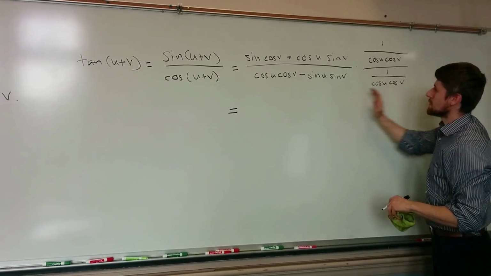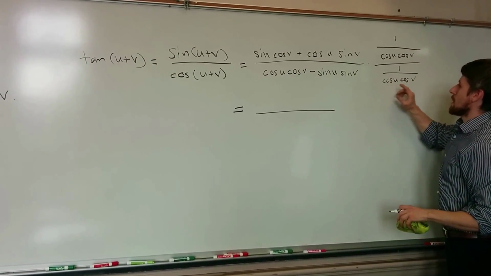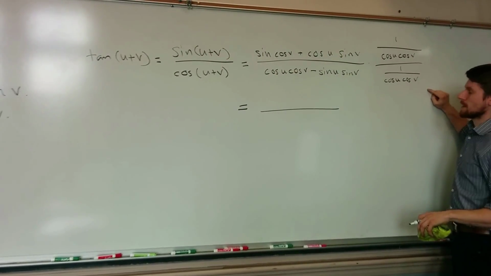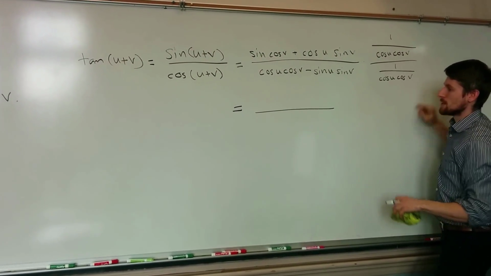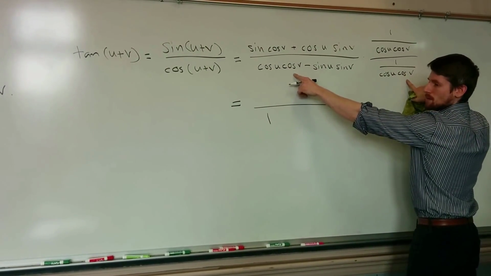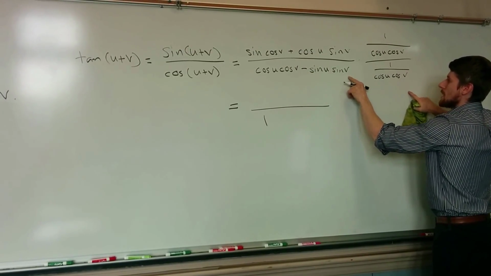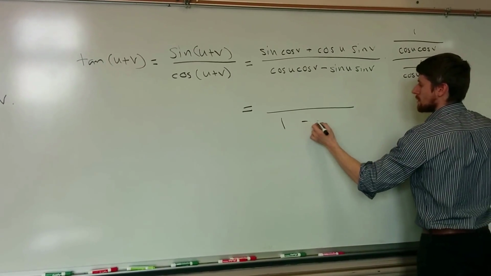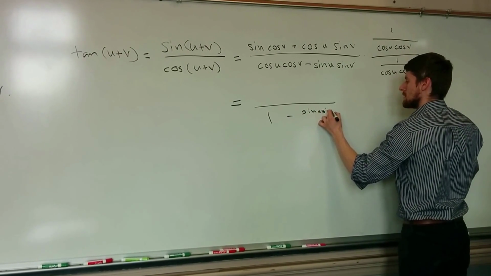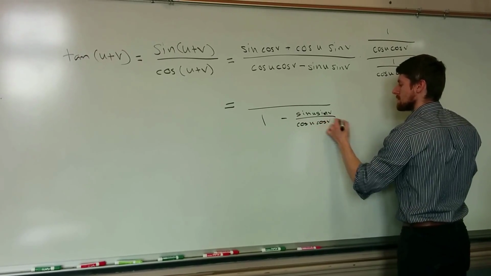Well, let's go through the denominator first. The denominator is actually a little bit easier to see what happens. This term times 1 divided by cos u cos v is 1, because they're the reciprocals of each other. Minus sine u sine v divided by cos u cos v.